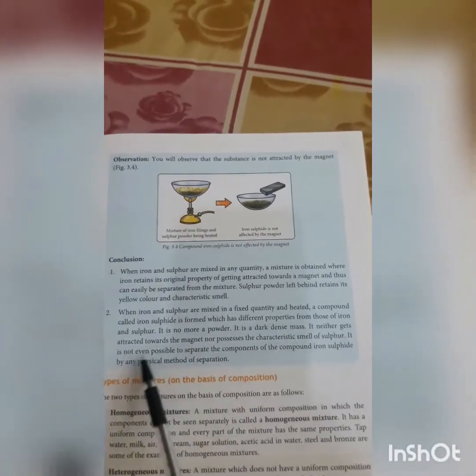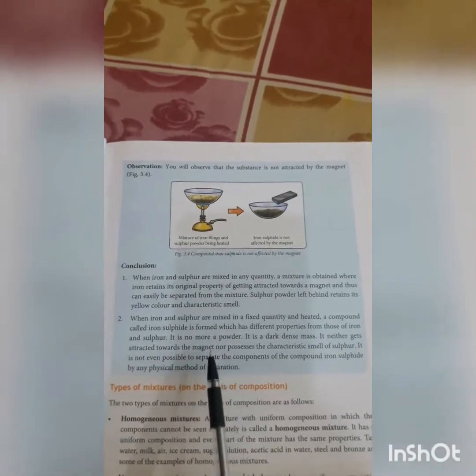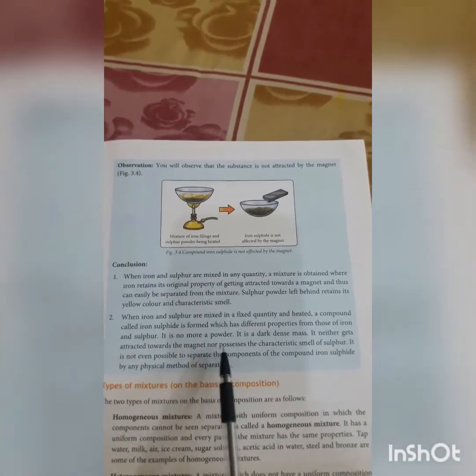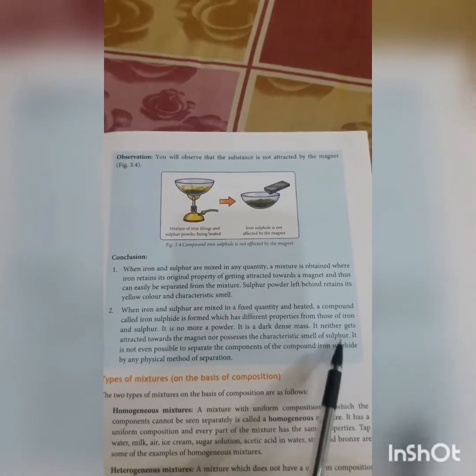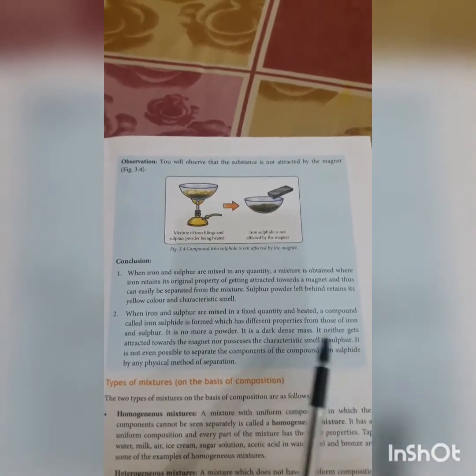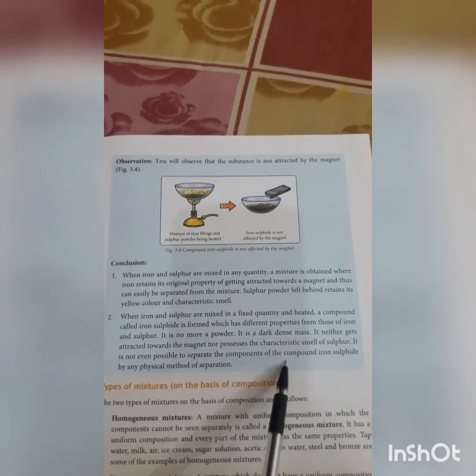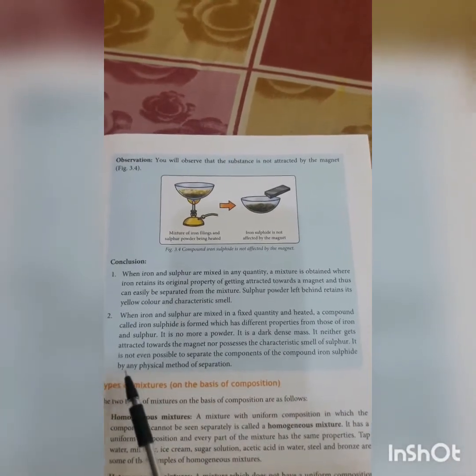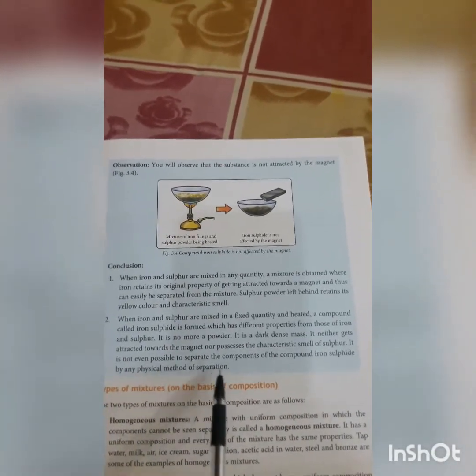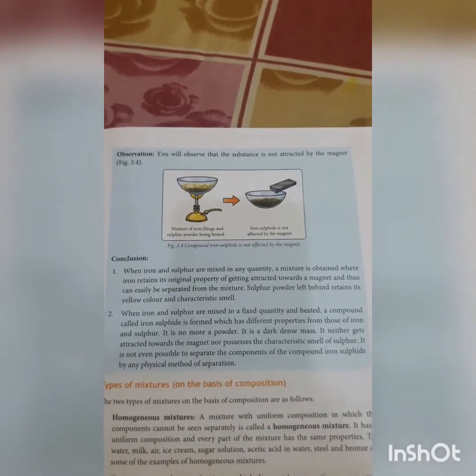It neither gets attracted towards the magnet because iron has lost its properties, nor possesses the characteristic smell of sulfur because sulfur also has lost its properties after heating. It is not even possible to separate the components of the compound iron sulfide by any physical method of separation.